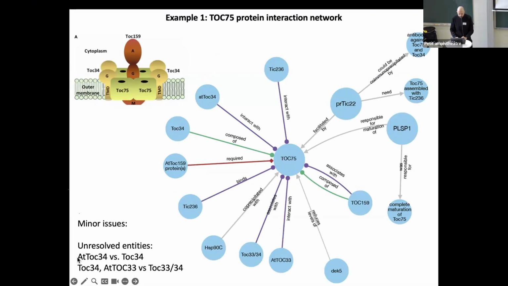For example, we have TOC80, TOC34, and TOC34. The problem here is that one paper says TOC34, another paper says AtTOC34, right? And this sounds like a trivial issue, right? I mean, it's possible to solve for genes, but imagine we have 2 million entities, and it's impossible to resolve it for all.